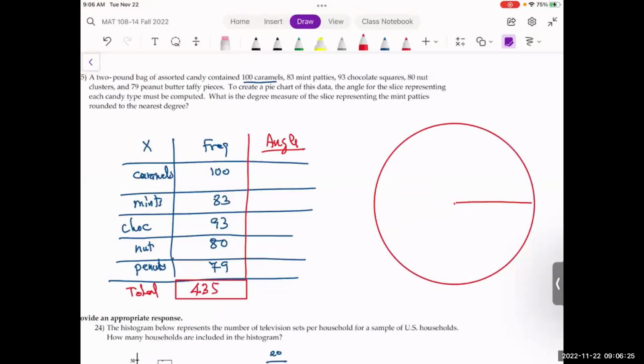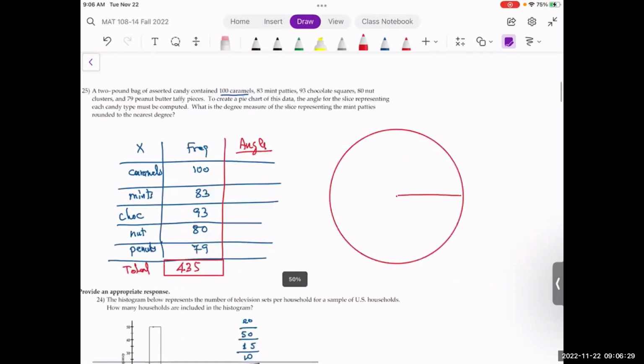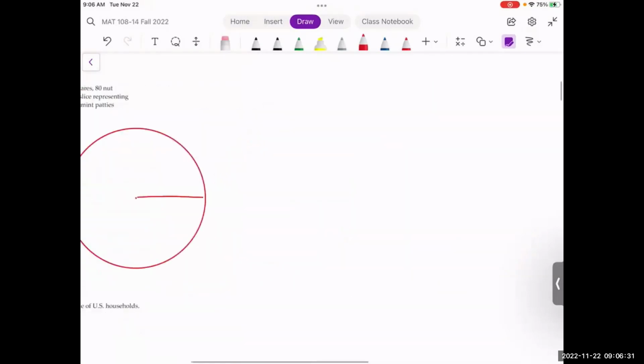Are we okay, guys? So what's the meaning of this? If I have a proportion here, I have the degree and I have the frequency, right? So 360 degrees will correspond to what frequency? It will correspond to 435.